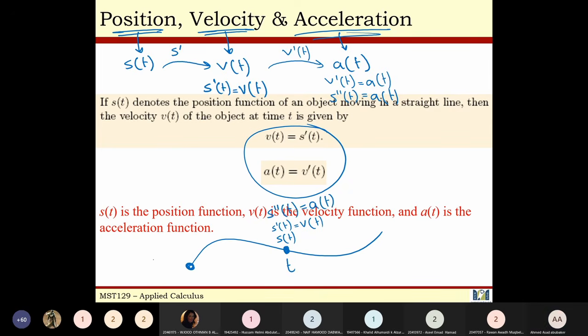Now this is called t naught, the initial time, and the initial velocity equals v of t naught. This is the initial velocity.